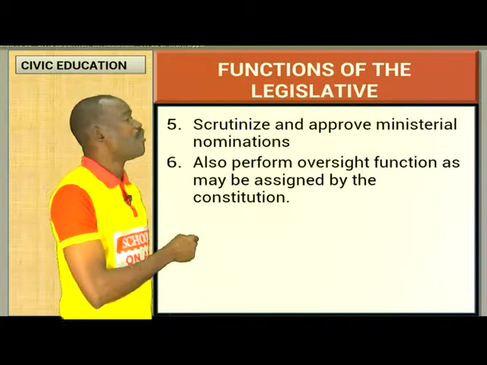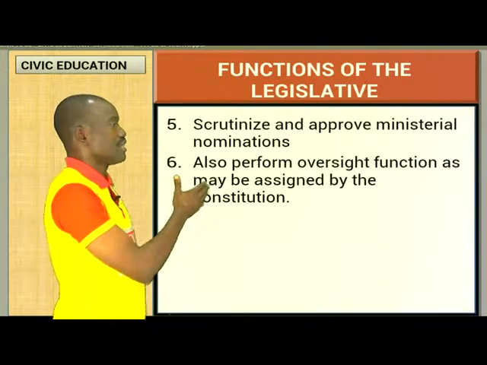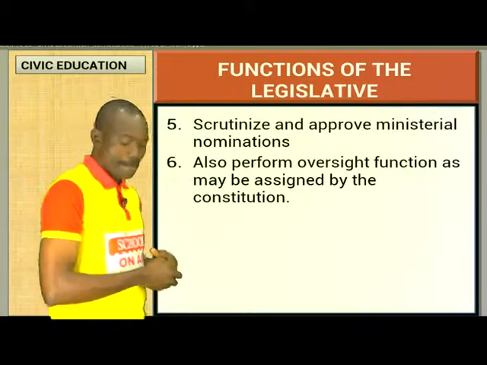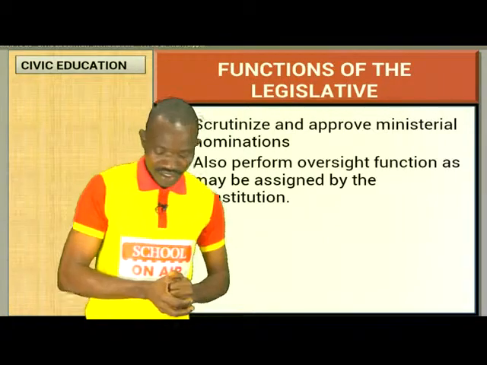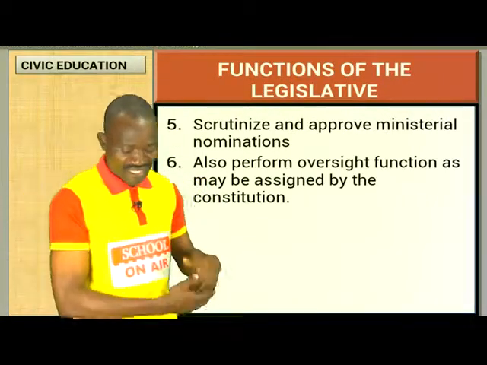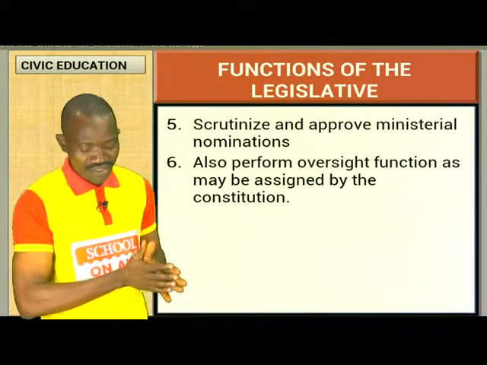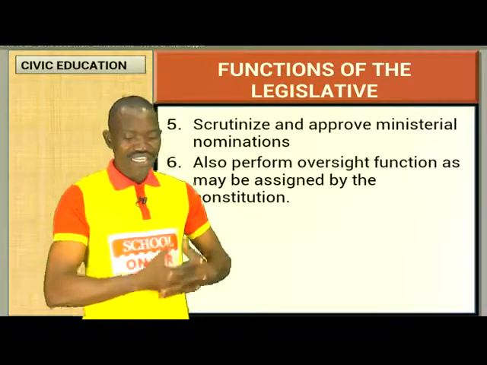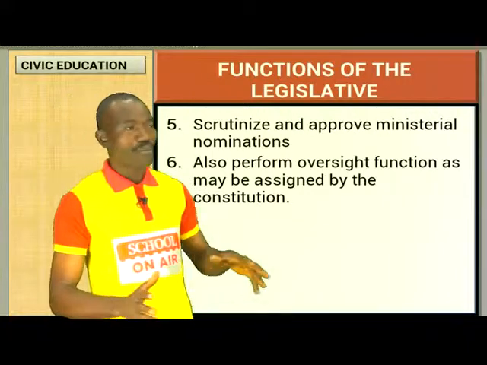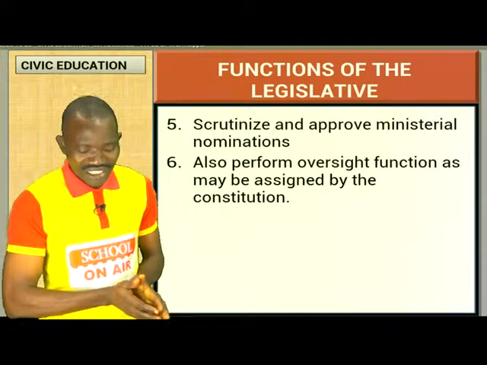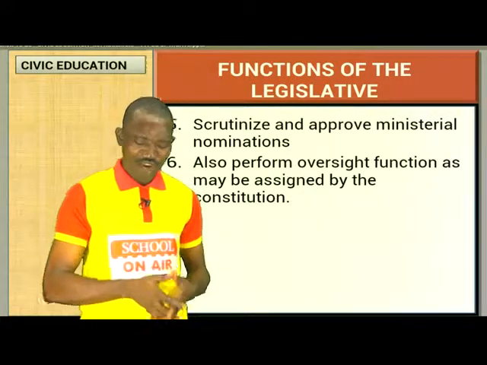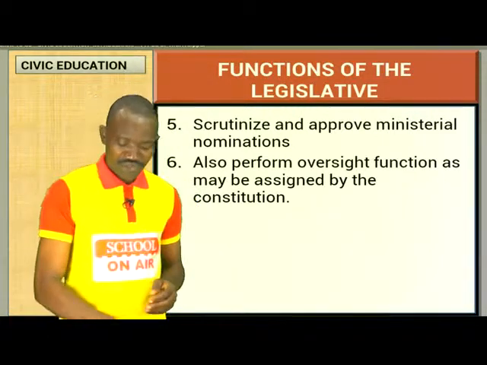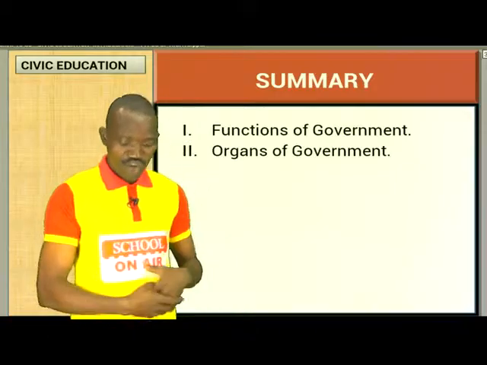They also perform oversight functions as may be assigned to them by the Constitution. That is, apart from scrutinizing and approving nominees, apart from approving executive decisions, apart from approving or disapproving the annual budget, they also perform other functions as stated in the Constitution of the country.